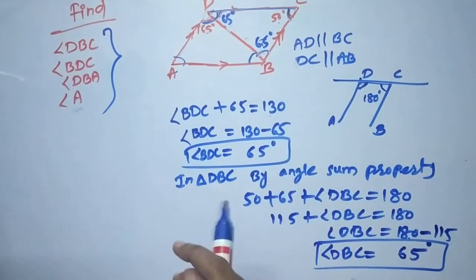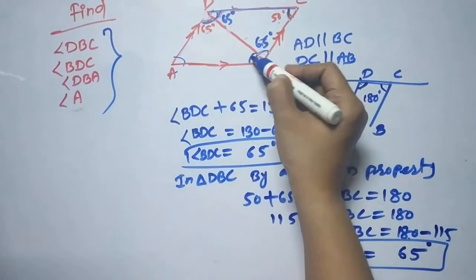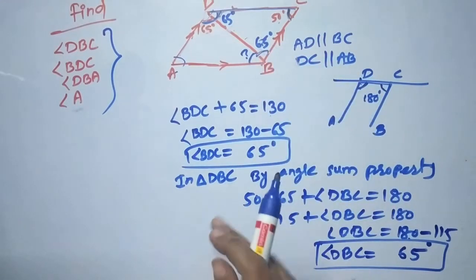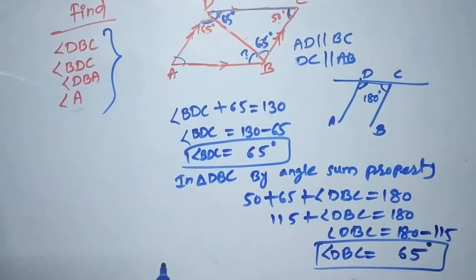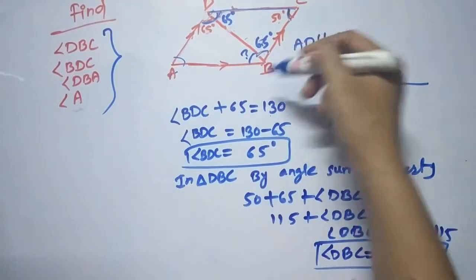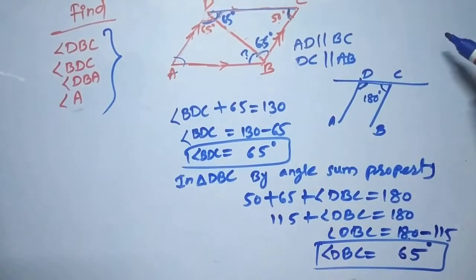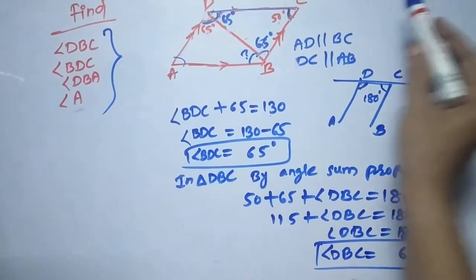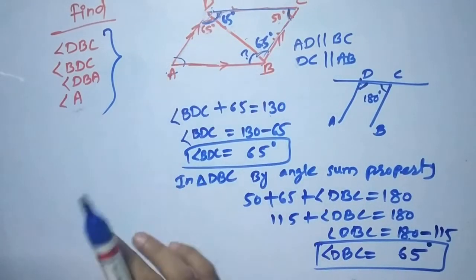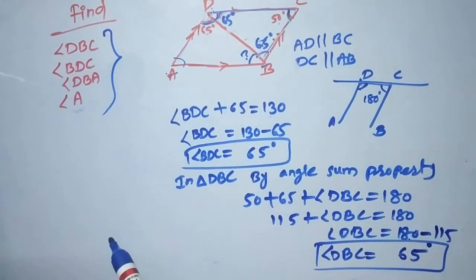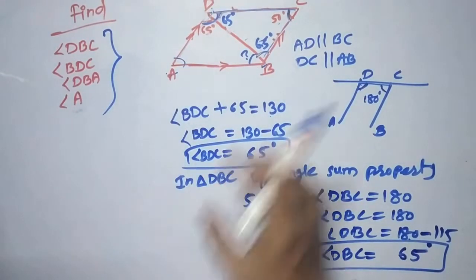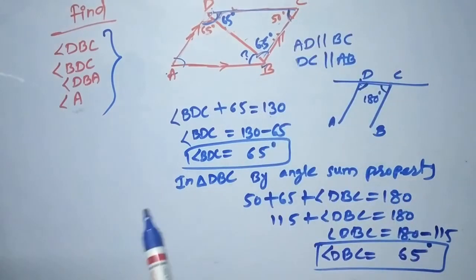Now we need to find this angle. This is again very simple. By using the same technique we can find this. If you notice here again, these are parallel lines. The angles forming on this side are co-interior angles.